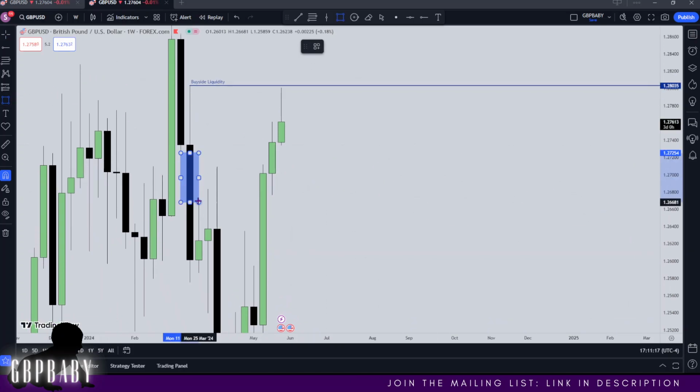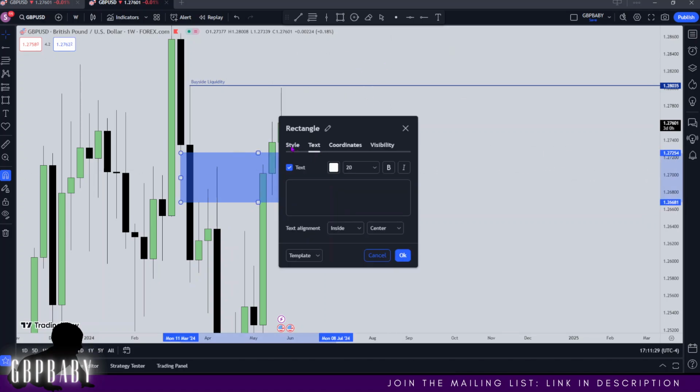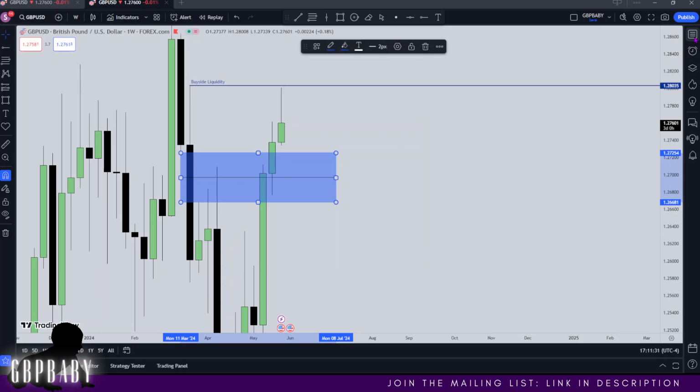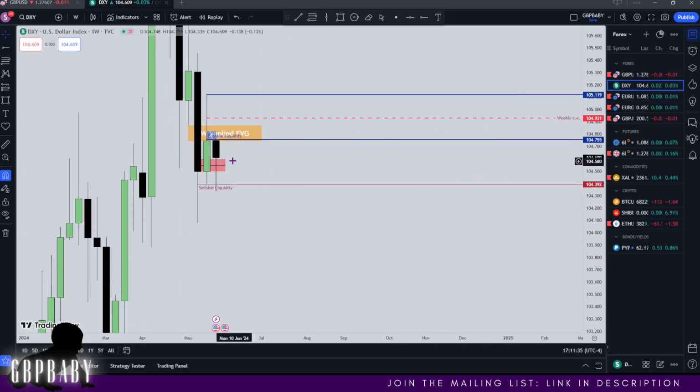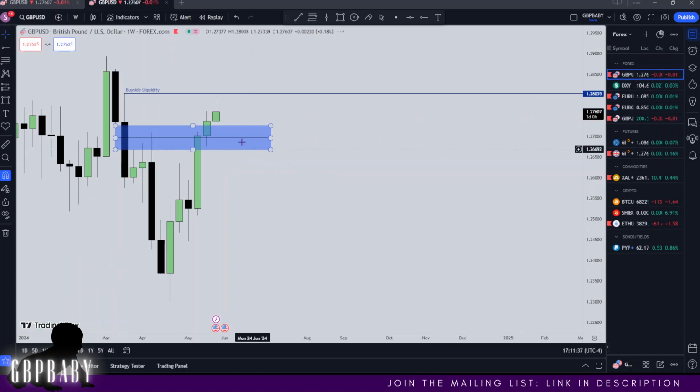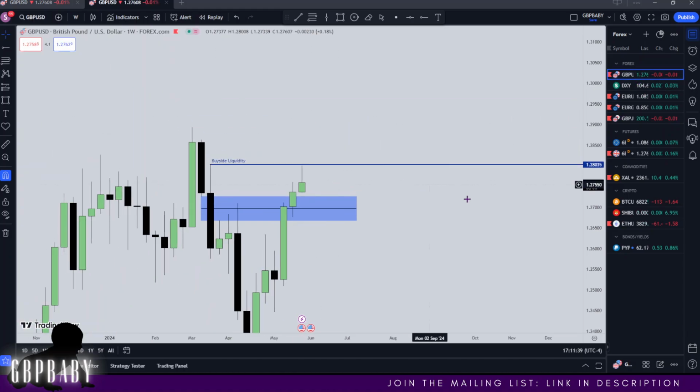I do believe I brought our attention to this in Sunday's video. Why is this an inversion fair value gap? Delivered on the downside, closing basis on the upside. So I'm looking at the 50% level of this to provide support. The same way that we're looking for some kind of premium for dollar to trade to, such as these levels up here, is the same way I'm going to be looking for pound to trade down into some kind of discount.